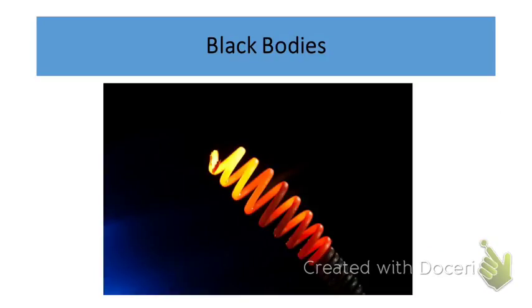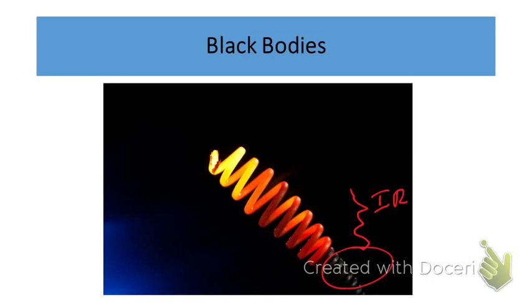All right, here's another example. Here's a nice metal spring. We can see that there's a temperature gradient here. Down here at the very bottom is going to be the coolest temperature, and all we're going to see emitted here is wavelengths that are infrared, which we can't see, so it appears black to us.